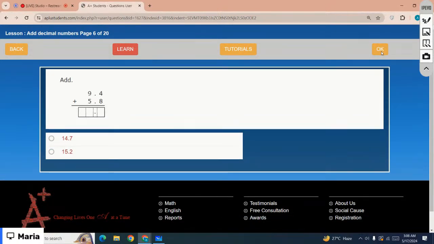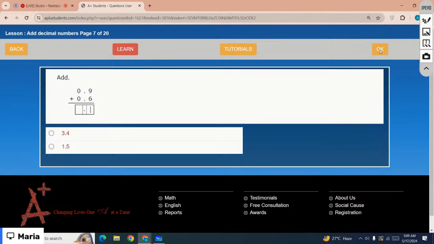The next one is 9.4 plus 5.8, which is the correct option? Yes, 15.2 it is.